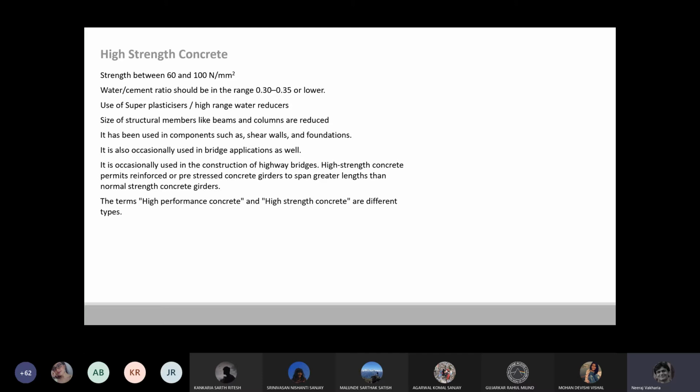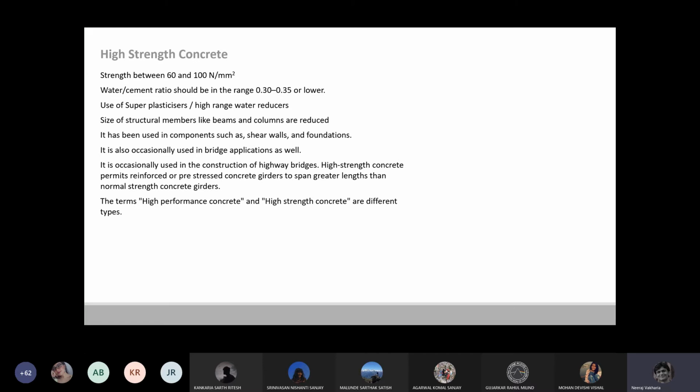It is typically used in high-rise construction, over 30-40 story structures. It has been used in components such as shear walls and foundations. It is occasionally used in bridge applications as well, to achieve larger spans.